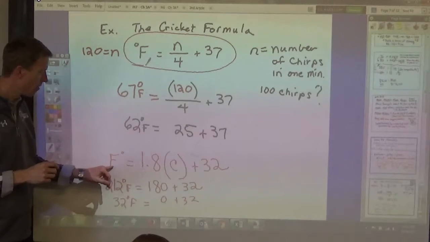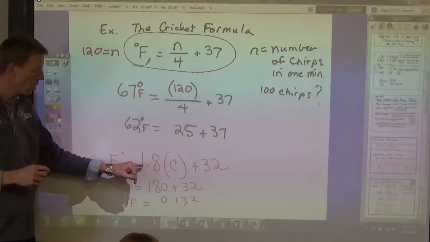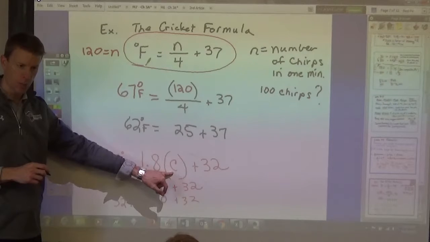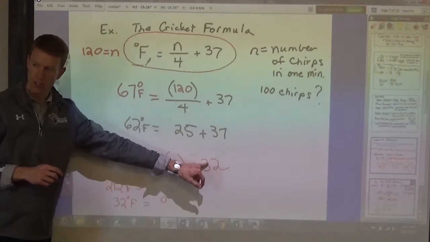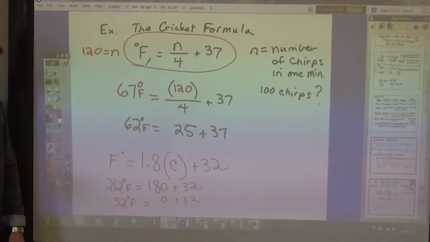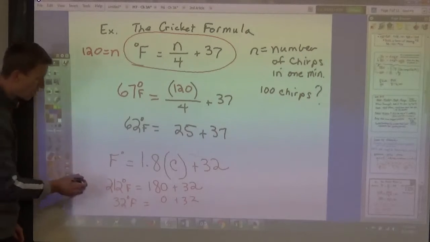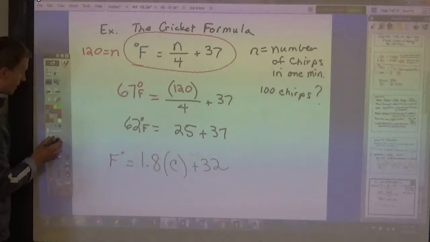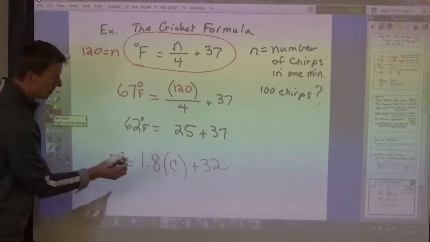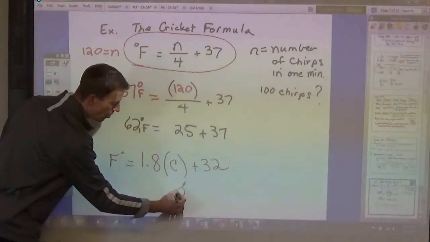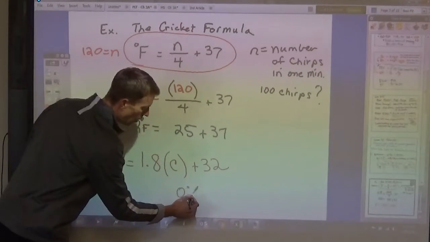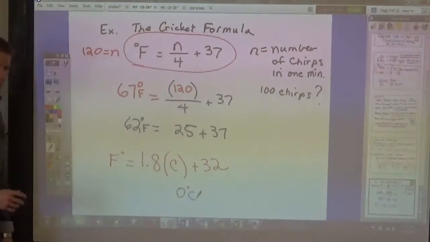And the formula is the Fahrenheit temperature is equal to 1.8 times the Celsius temperature plus 32. So let's try this formula out. Let's say that the Celsius temperature is 0 degrees. 0 degrees Celsius. What's the Fahrenheit temperature?